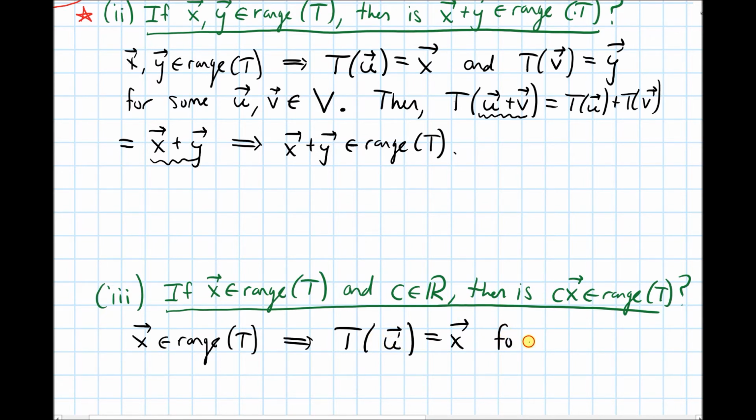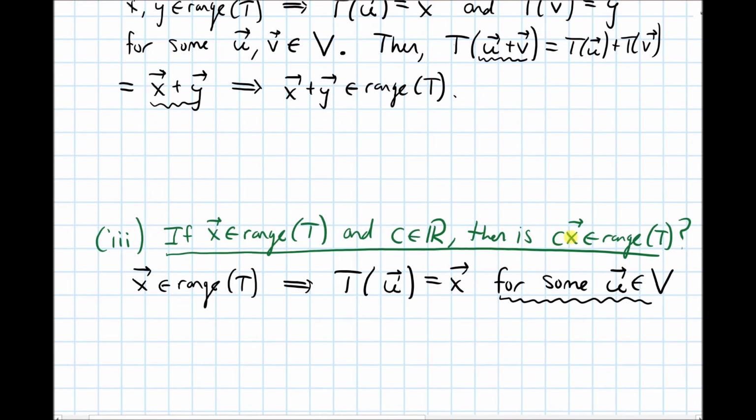So this has got to be true for some vector u that's in my domain, the vector space V. It's really important that I write this, for some vector u that's in my domain, in my vector space V. Otherwise, it's unclear what this u is when we write T of u equals x. Okay, so now I want to know if c times x is in the range.